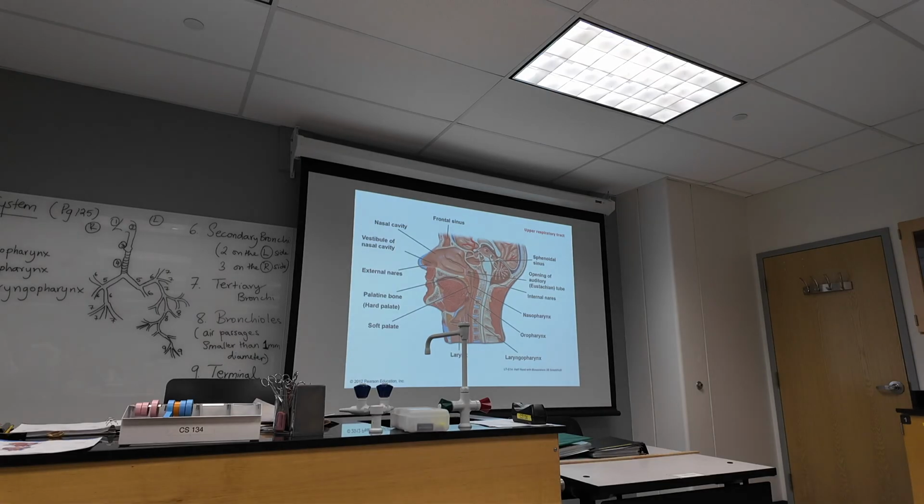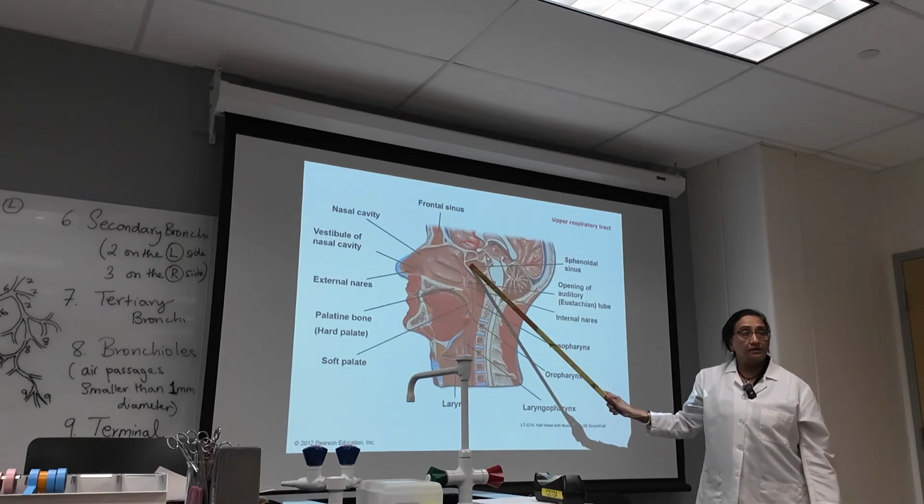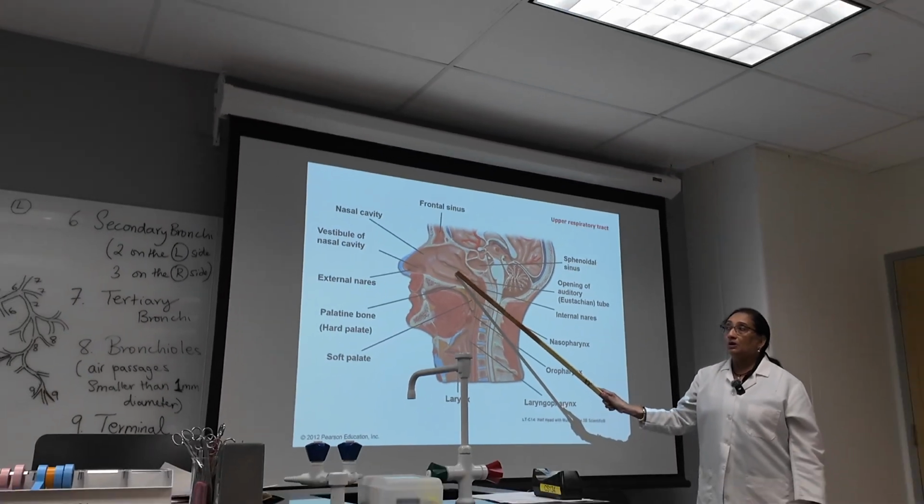There will be no quality to it, no ring to it, because when you speak, the air in all your sinuses vibrates, and it gives that quality to sound. So that is the frontal and sphenoidal sinus that you can see on this model.